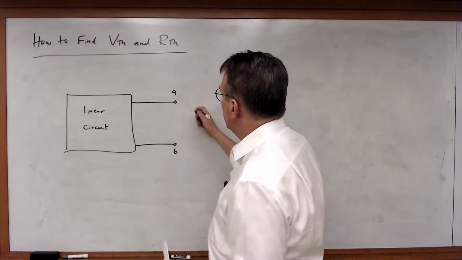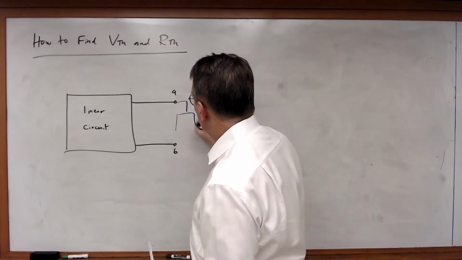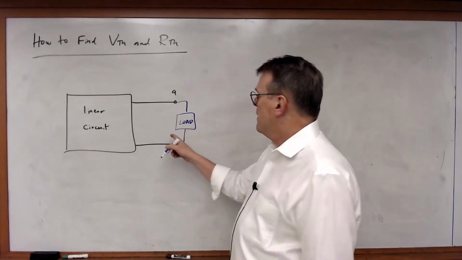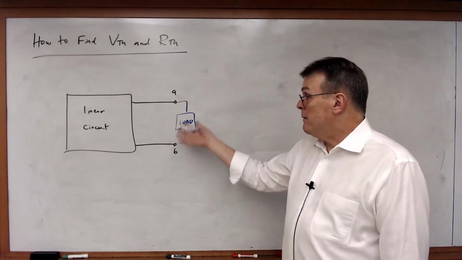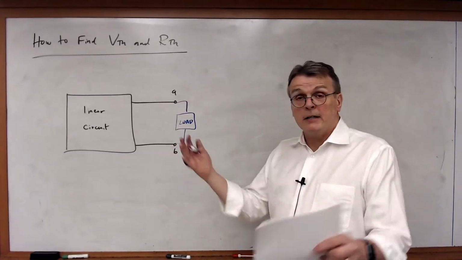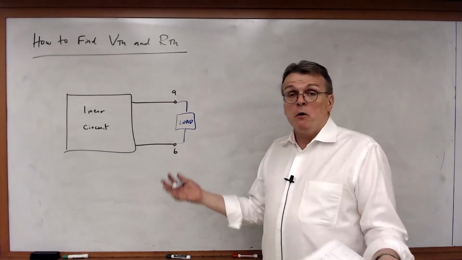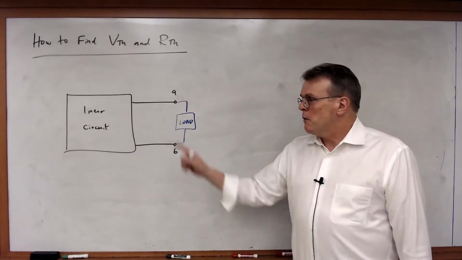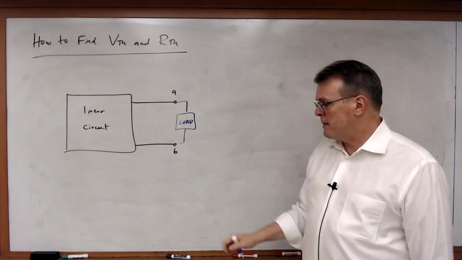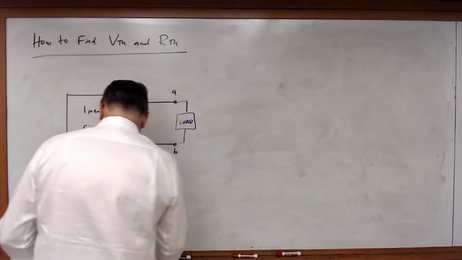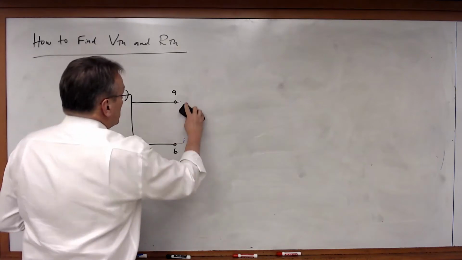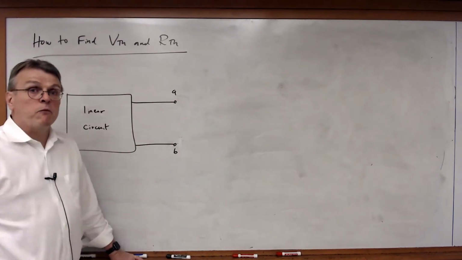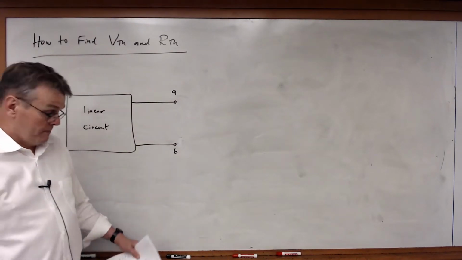And let's say, just for the sake of argument, there is some kind of load connected between terminals A and B. This can be a resistor, or it can be a network of elements connected together, another source, multiple resistors, anything. So I want to do this transformation. The first step is remove the load. If there is a load connected to your circuit, you must disconnect that load before you apply Thevenin's theorem.